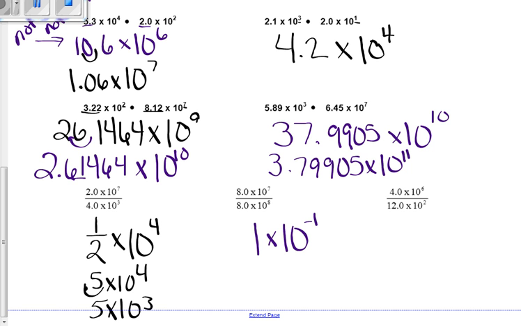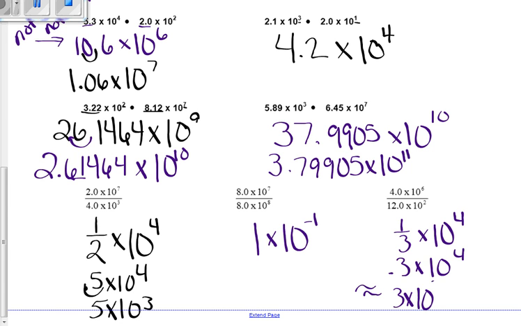Over here, 4 divided by 12 is going to become 1/3 times 10 to the fourth power. Since 1/3 repeats itself, I'm just going to write it to the tenth, times 10 to the fourth, and we have to move it right once, so this is going to become 10 to the third power.